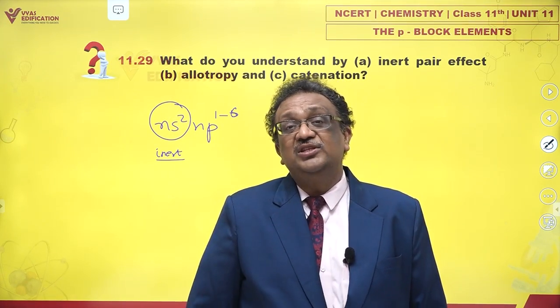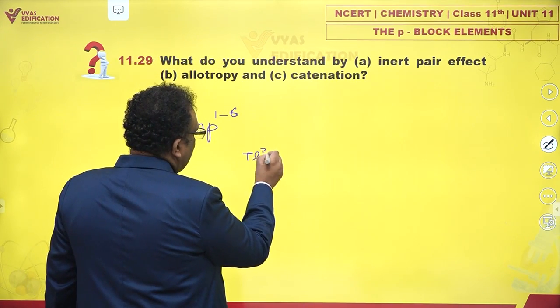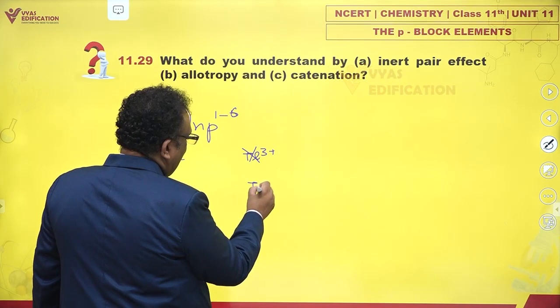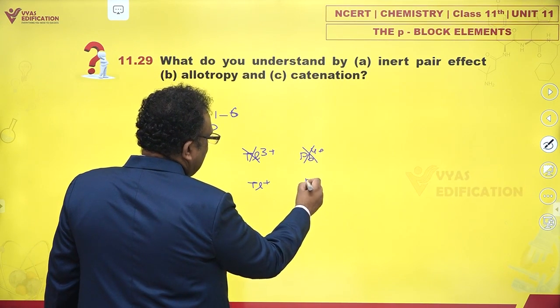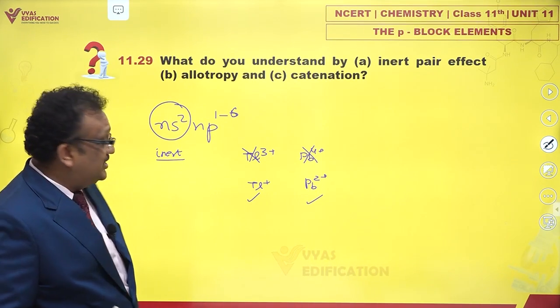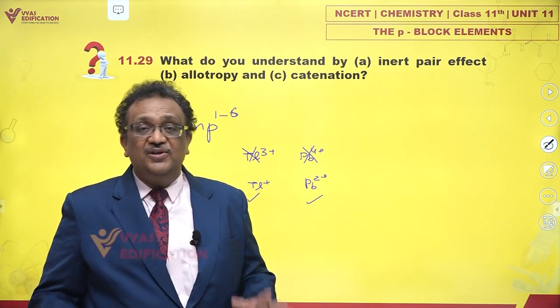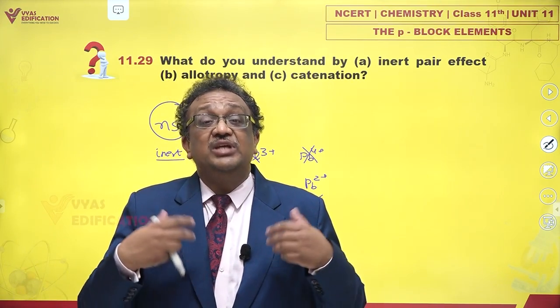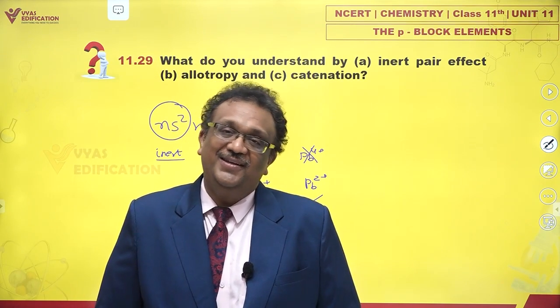And because of this inert pair effect, in 6th period, thallium plus 3 is not as stable as thallium plus 1. Lead plus 4 is not as stable as lead plus 2. These are the preferred oxidation states because 6s2 electrons in thallium and lead prefer not to react. It becomes inert, and that is why we call this inert pair effect.